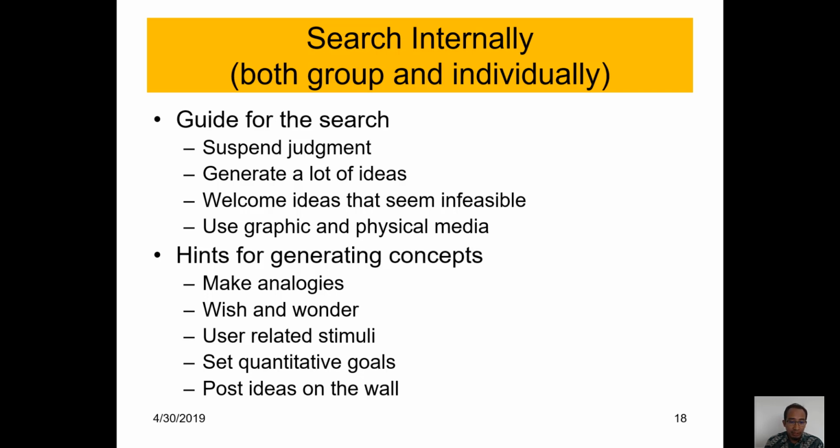And hints for generating concepts here are that we can make analogies, wish and wonder, user-related stimuli, set quantitative goals, and post ideas on the wall. So these are hints or guides on how to search internally, both in group and individually.